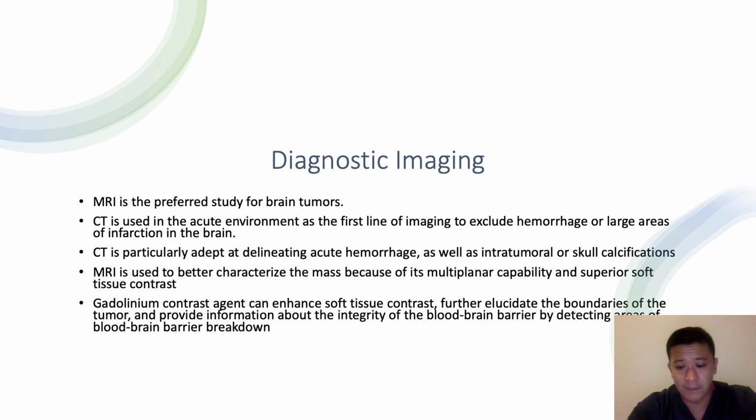So the MRI will help us identify the different structures beside the tumor, different landmarks that we can use or that we can avoid in relation to the tumor. And gadolinium contrast agent can enhance soft tissue contrast, which will further elucidate the boundaries of the tumor and provide information about the integrity of the blood-brain barrier by detecting areas of blood-brain barrier breakdown.